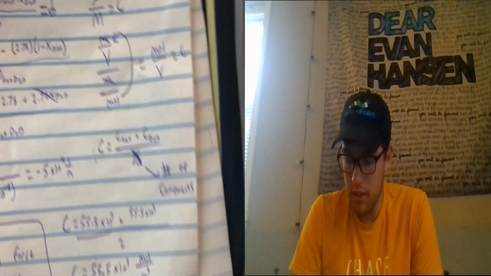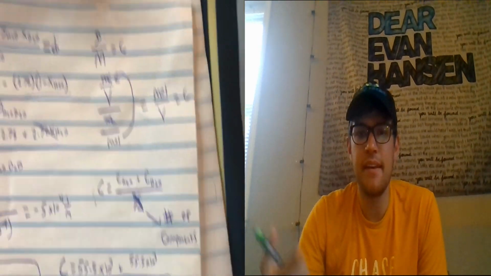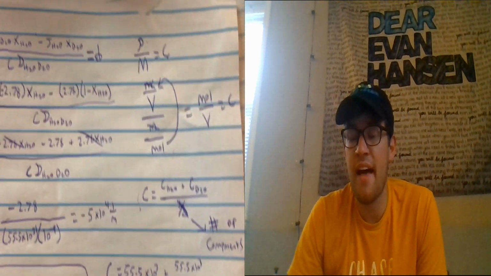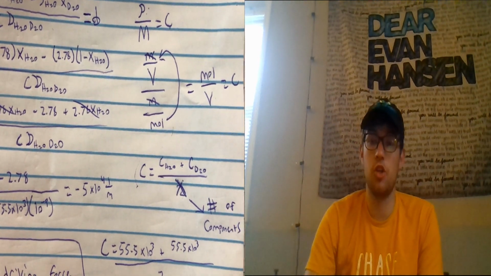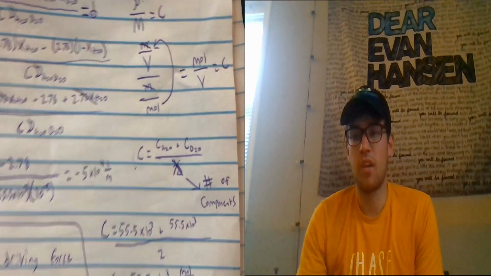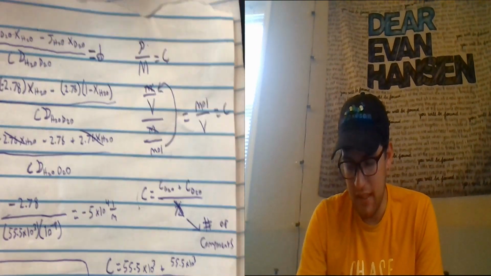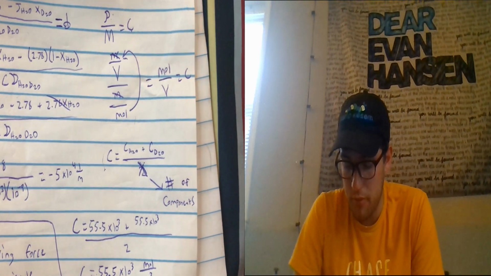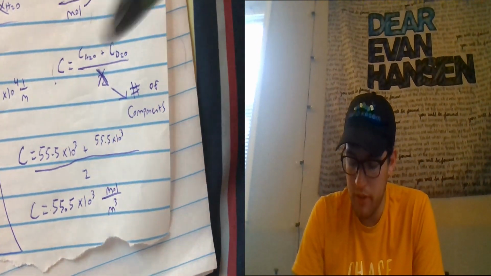For saturated water, we know, based on what's given in the problem, that the density is 1,110 kilograms per meter cubed, and the molecular weight is 20 grams per mole. Dividing the density by the molecular weight, we get 55.5 times 10 to the third for saturated water as well.